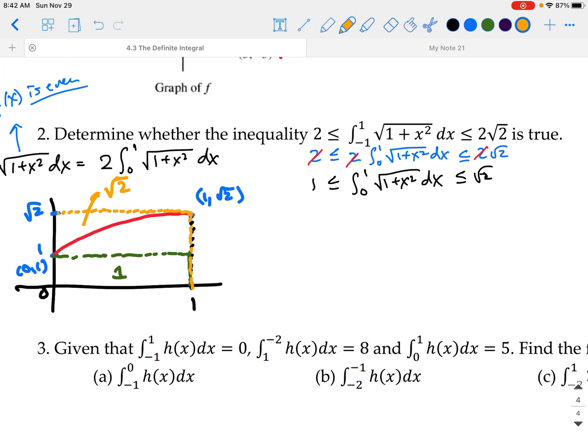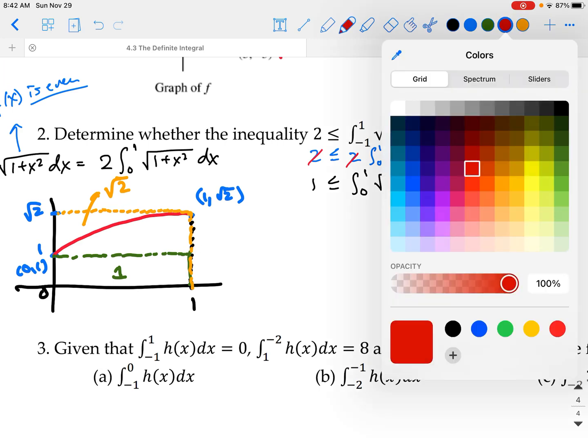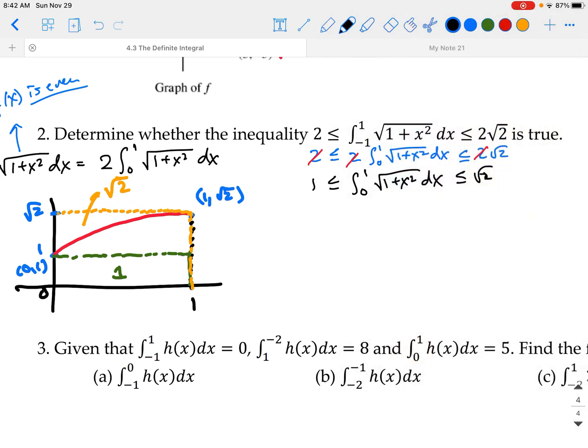So this is more of a proof by picture sort of problem. We can see here clearly that the curve's area is going to have this extra portion above 1, but it's going to be smaller than our rectangle with height radical 2.